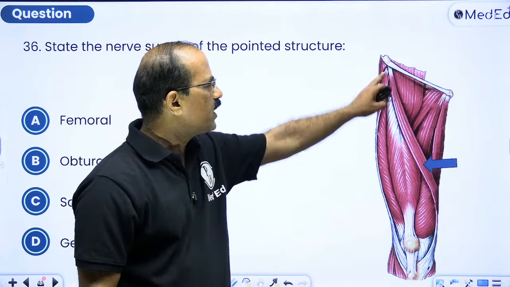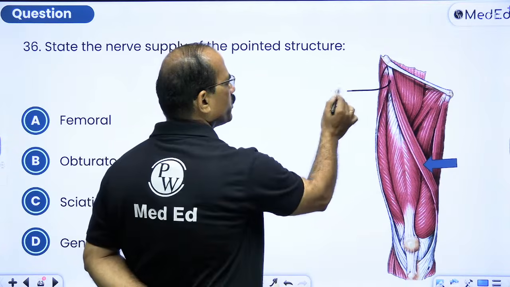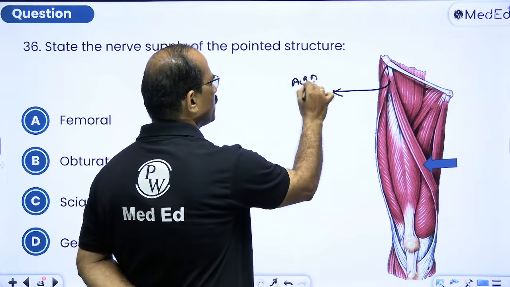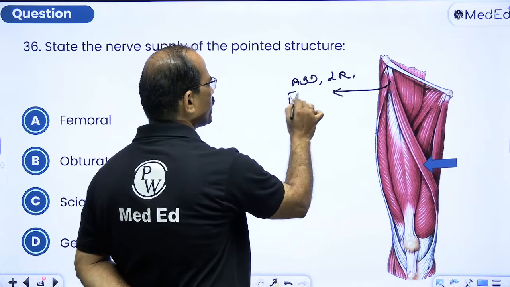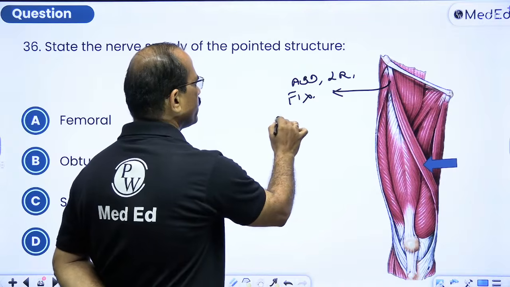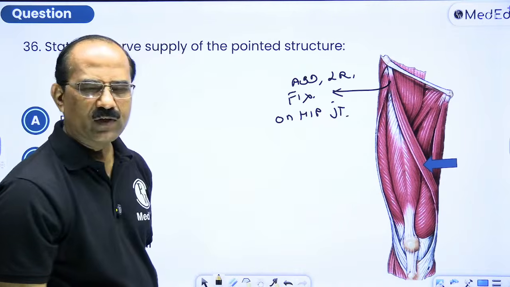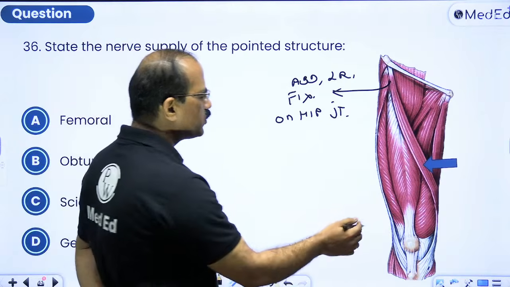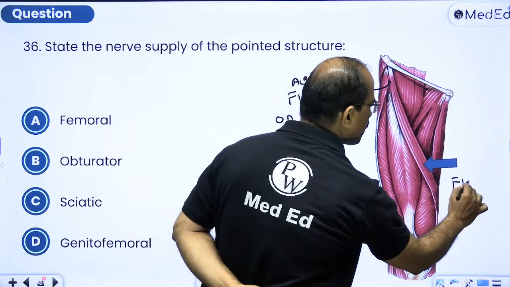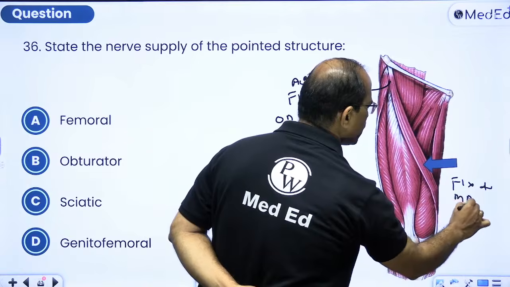What is the action on the hip joint? Abduction, lateral rotation and flexion at the hip. On the knee joint, flexion and medial rotation.